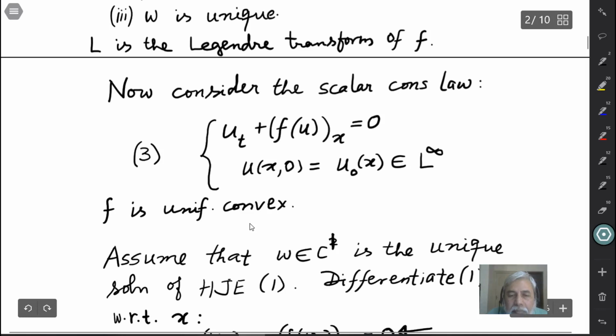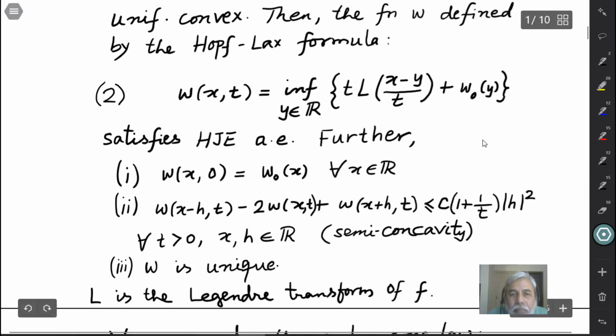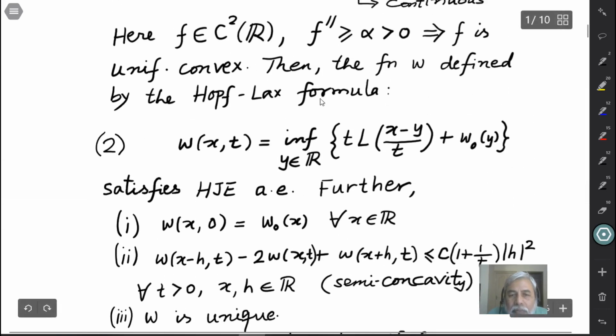In the literature, there are many different proofs of this important theorem, that this uniformly convex conservation law has a weak solution, and our approach here is to use the Lax-Oleinik formula, and this Lax-Oleinik formula in turn is derived from the Hopf-Lax formula, which gives the solution to the Hamilton-Jacobi equation.